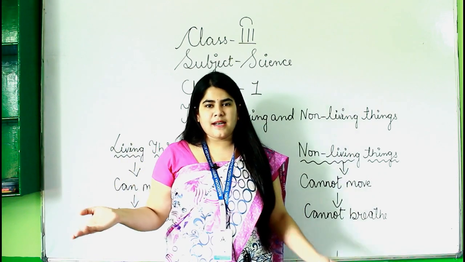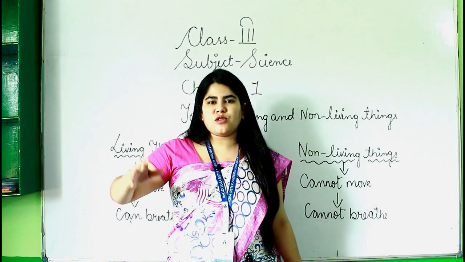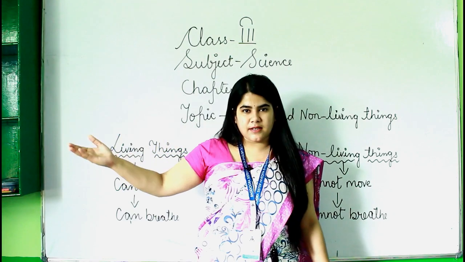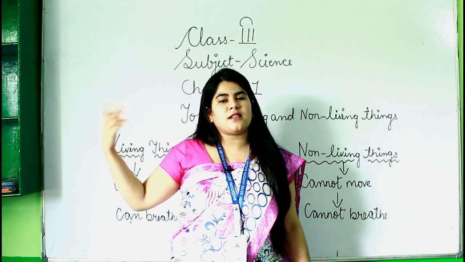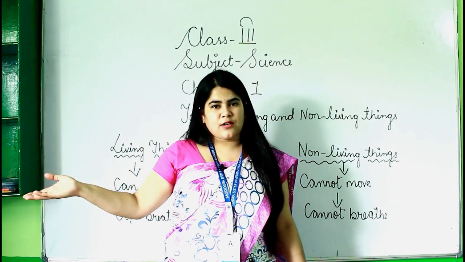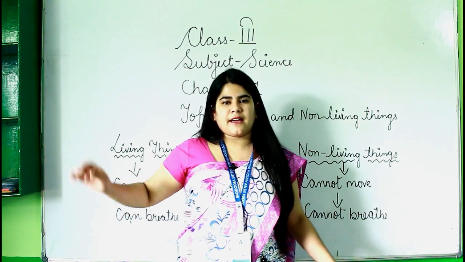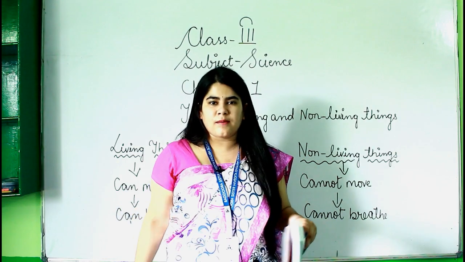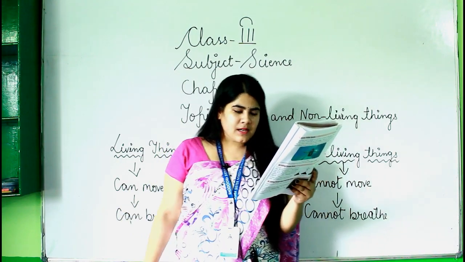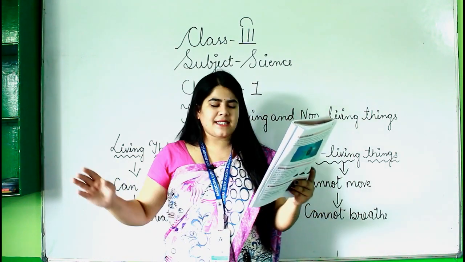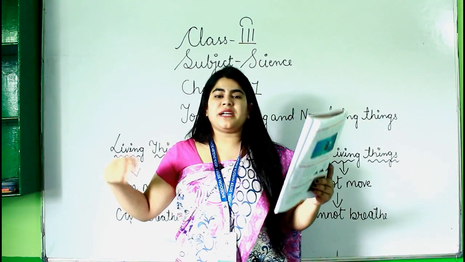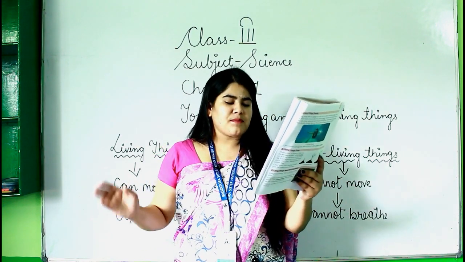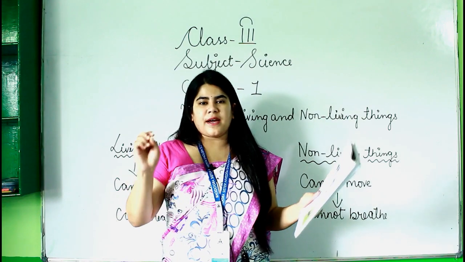Let's talk about animals. Animals also move from one place to another in search of food or shelter, okay? It means not all animals can walk. Some of the animals crawl or leap, but they move, which means living things can move. Plants move differently. The leaves of the mimosa plant close when touched.